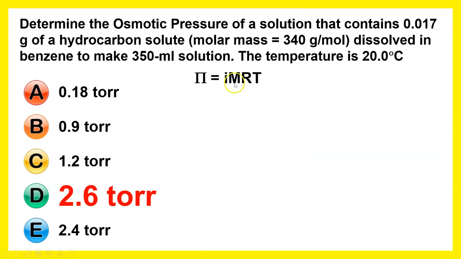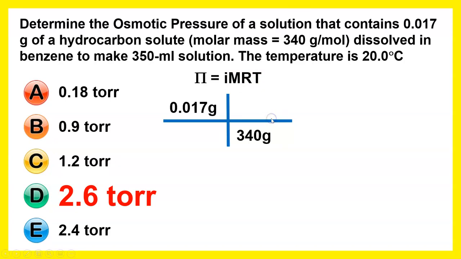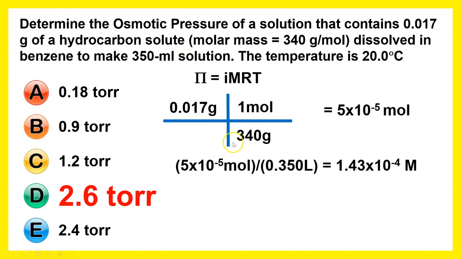Since it's molarity, we're going to have to get moles per liter. So let's do grams to moles. They told me how much solution I had. So to get my molarity, it's moles per liter. Make sure you convert your milliliters.